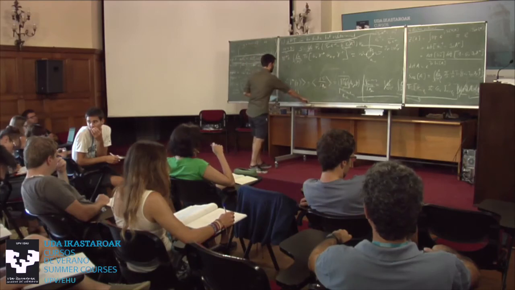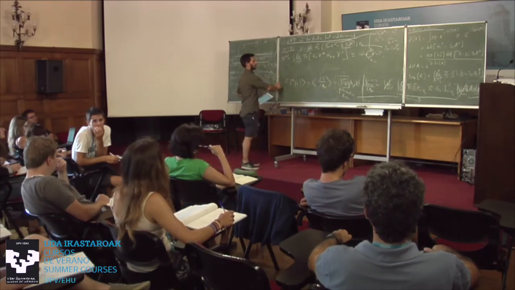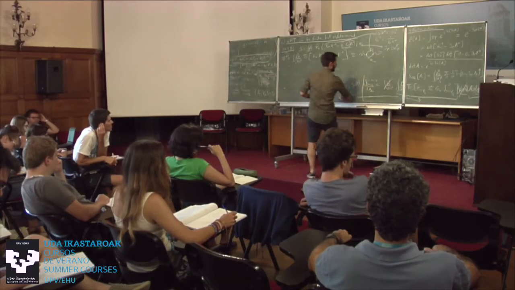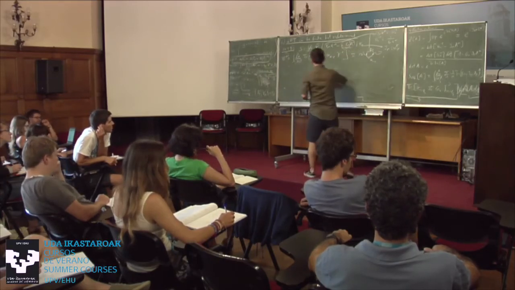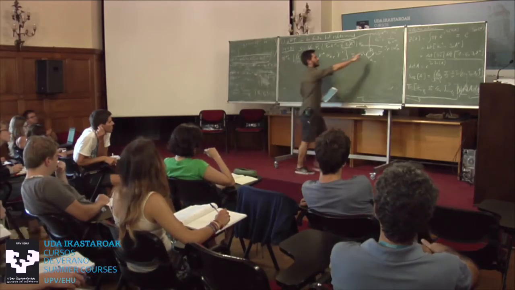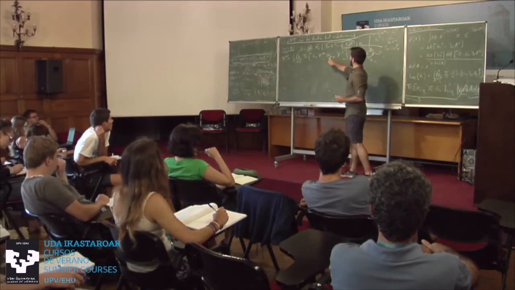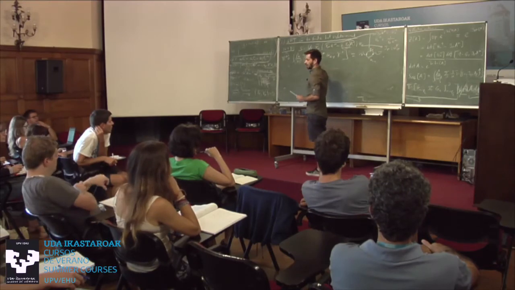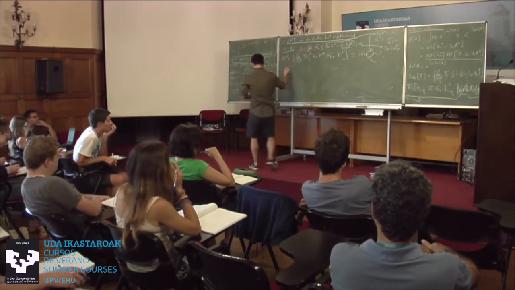Okay, so I'm not going to go into the details of how you calculate this object, but basically you plug in this guy here, plug it here, you calculate the traces, and you do the integral.